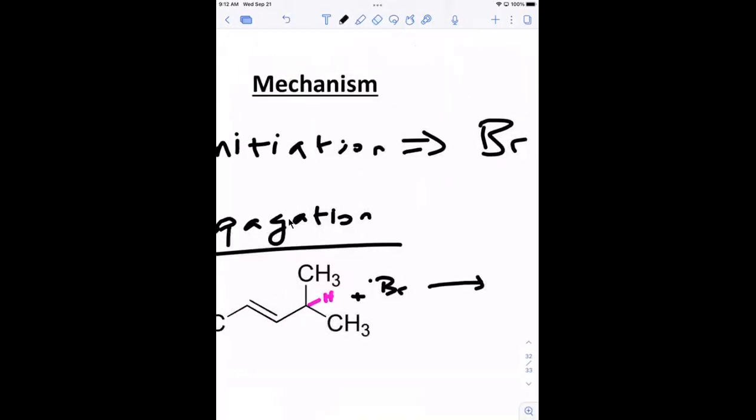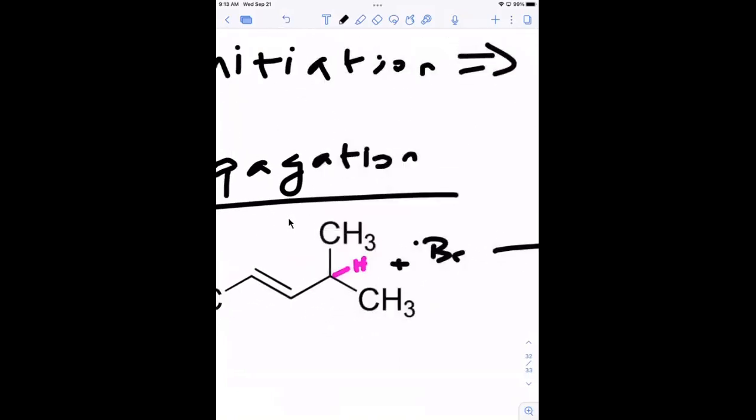What's the process called here, when I'm taking off a hydrogen radical? It has a name. Is it deprotonation? Not when you're removing a radical. Deprotonation is when you're taking off H plus. When you're taking off a radical, it's abstraction.